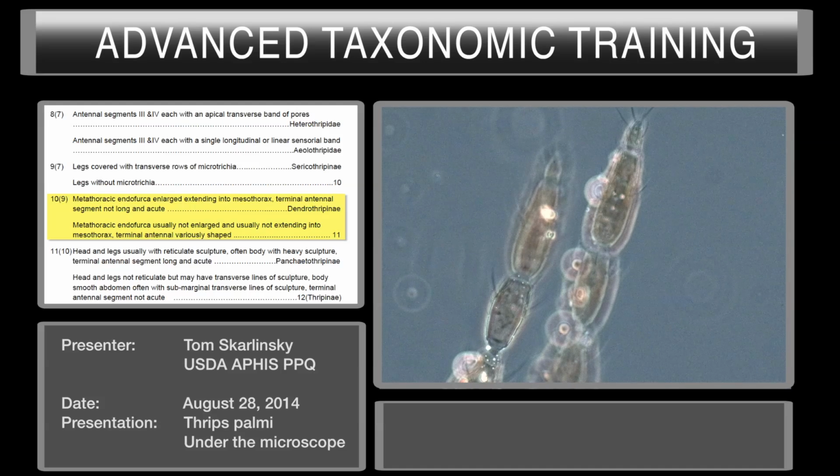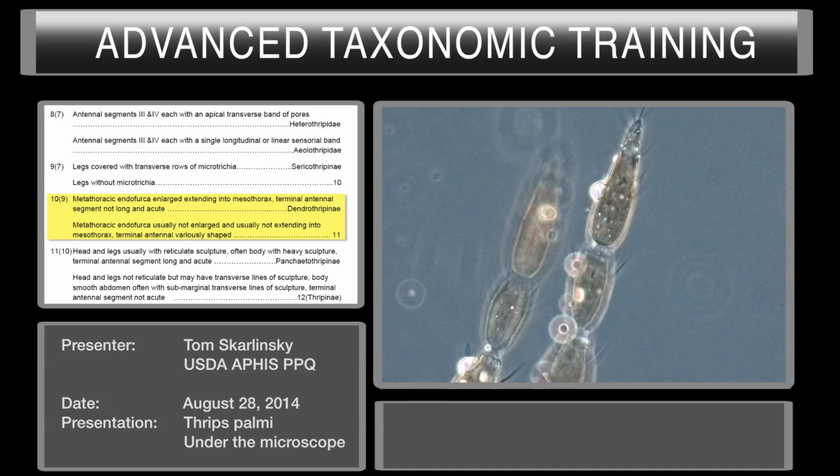This is not a perfect world, and everything's not always perfect. So in that case, depending on the key you're using, you have to say, all right, I'm going to say this has 7 antennal segments. But if it has 8 antennal segments, you have to go that route in the key as well.